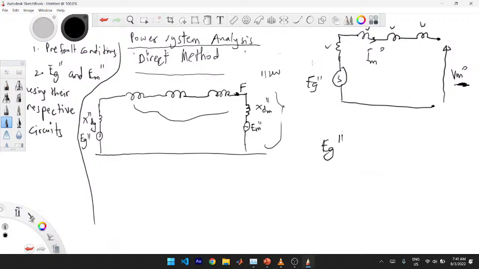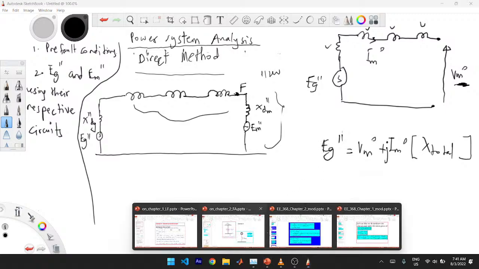Alright. So this is the circuit for the Ej prime. Therefore my Ej prime is given by Vm naught plus Im naught multiplied by this total impedance that you see here. This is a reactive component, so j, like this.